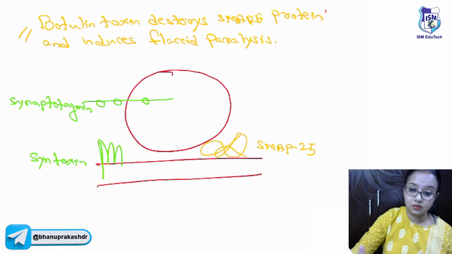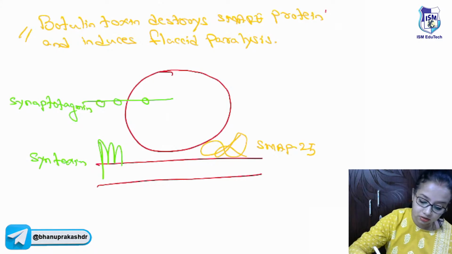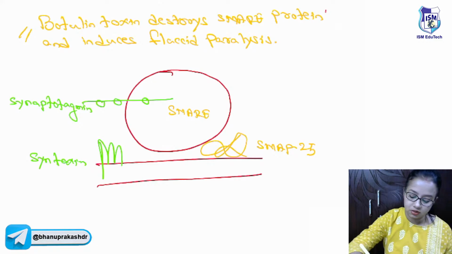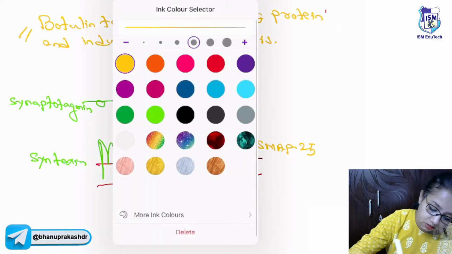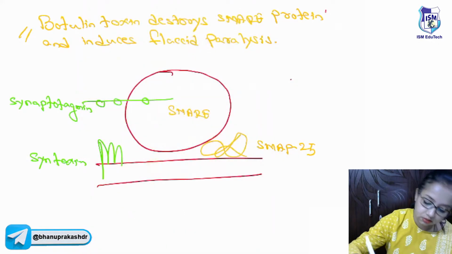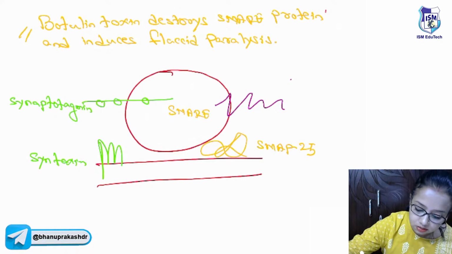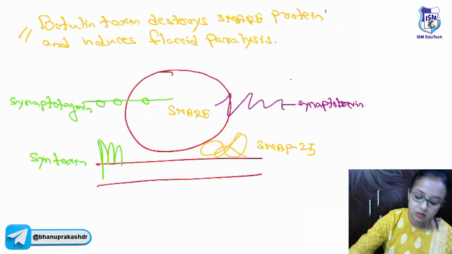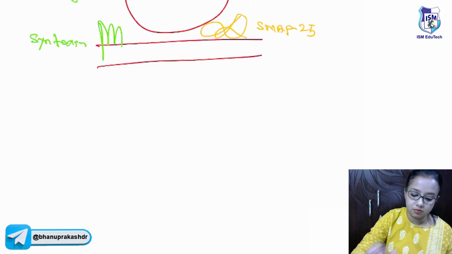These are all the subtypes of the SNARE protein, and many more. These are the few important ones to mention.